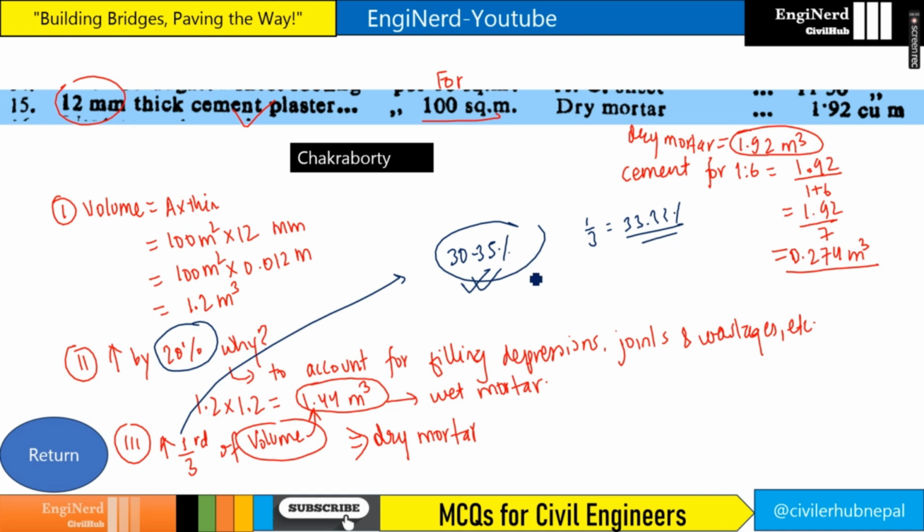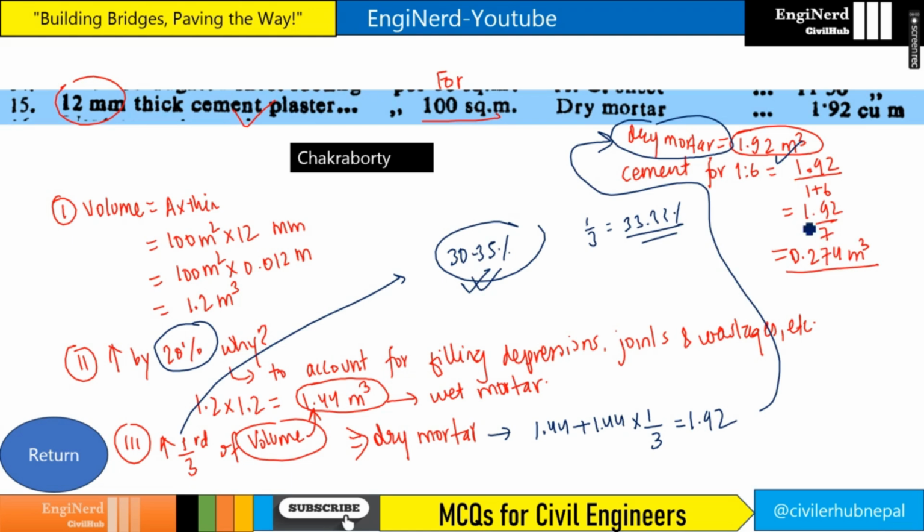We are taking 1/3 of the volume as prescribed by Chakrabarti. So if we increase 1.44 by 1/3, we'll get exactly 1.92. If the dry mortar is 1.92, then the answer is 0.274.